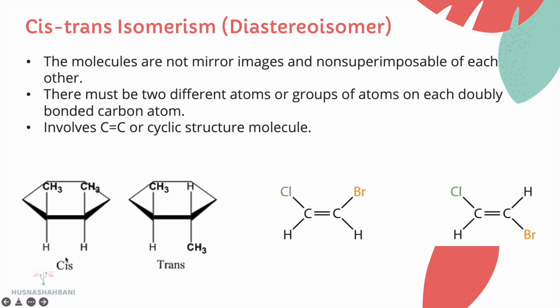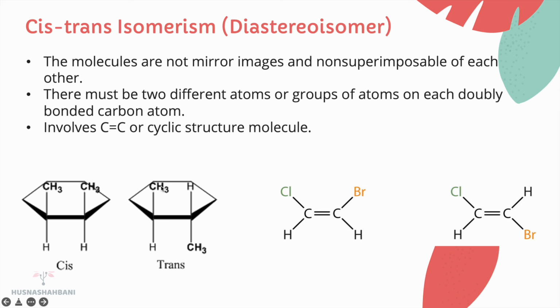And then for cis isomerism, the atoms or groups of atoms that are attached to the carbon are on the same side, CH3 on the top. For trans isomerism, the groups of atoms are on different sides.